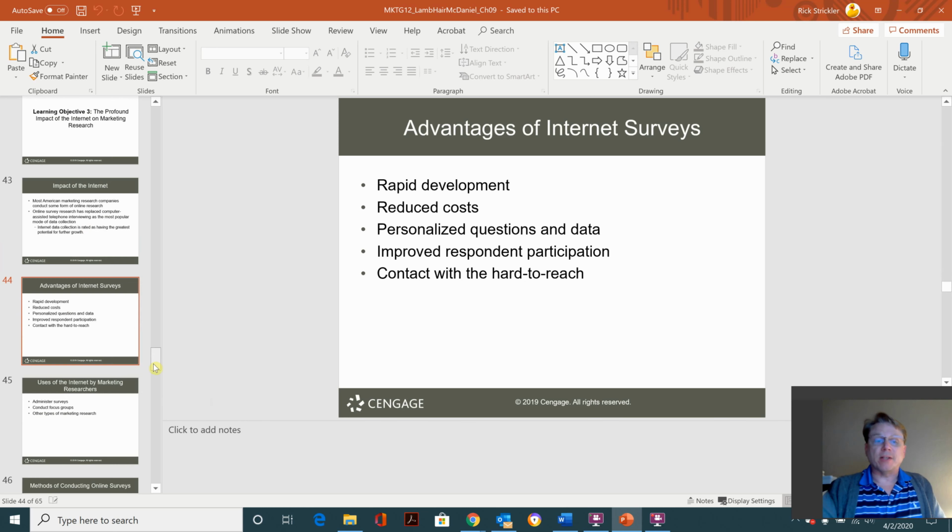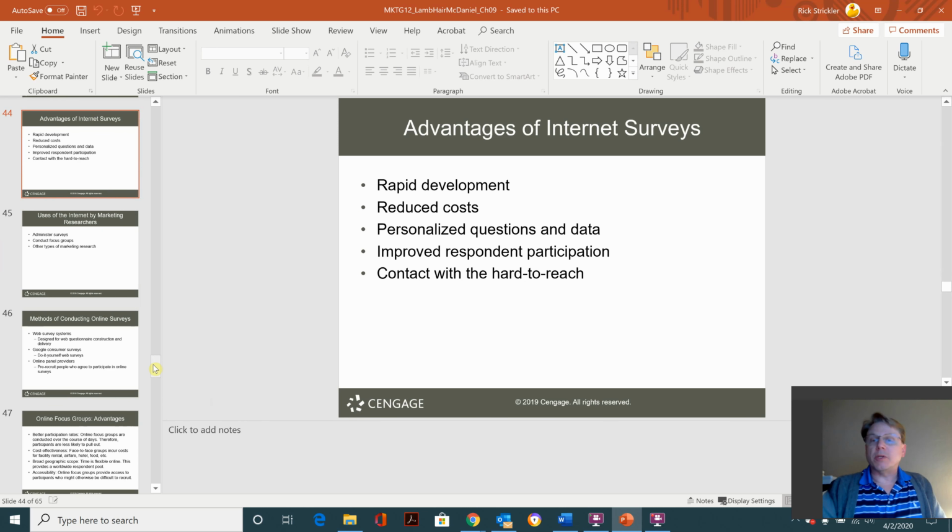And it's very fast. You can send it out to 1 million people, and hopefully they can respond within 24 hours. And if you get 1% of 1 million people, you've got a great survey result.